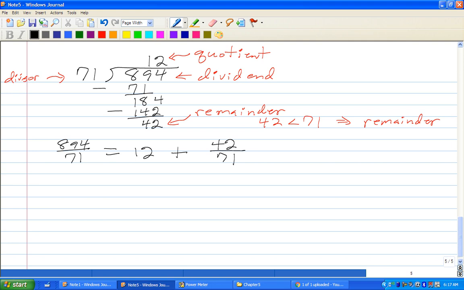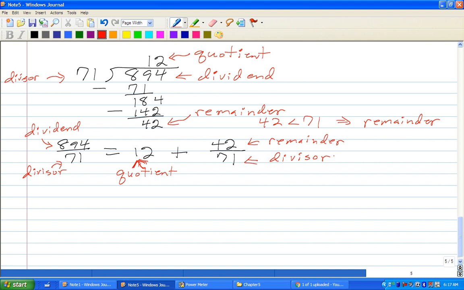And so I have that the dividend over the divisor is the quotient plus the remainder over the divisor.